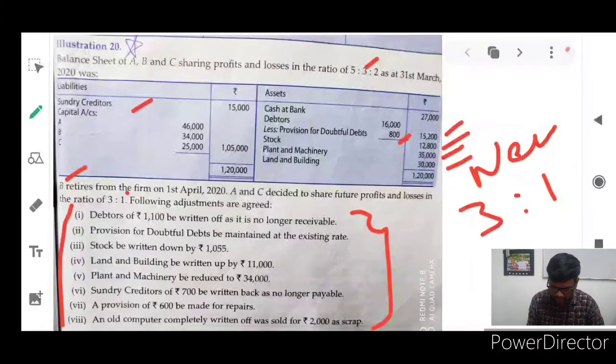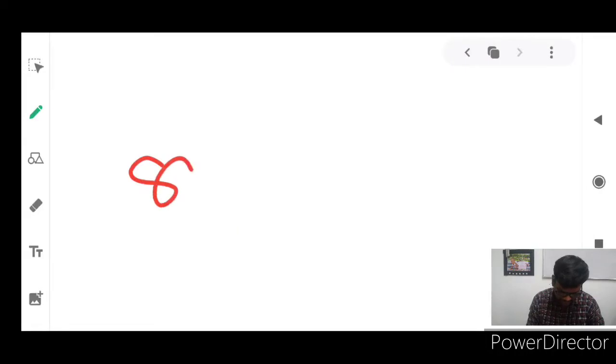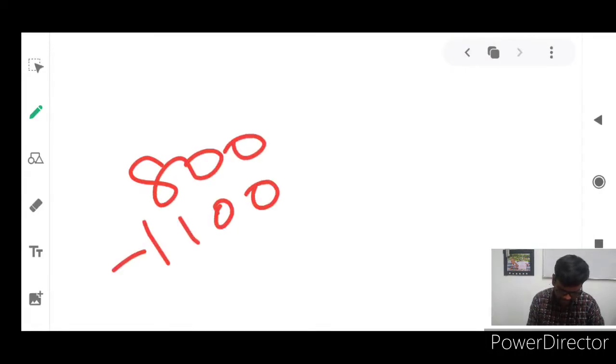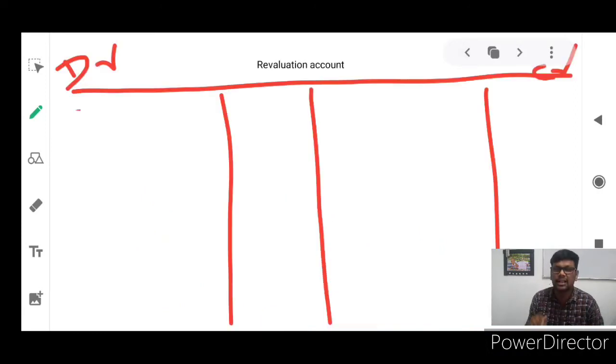They have already created an 800 rupees provision, but now 1,100 rupees we couldn't recover from the debtors. So how much is the difference between these two? 300 rupees. So 300 rupees we should write on the debit side, which is a liability increase of 300 rupees.